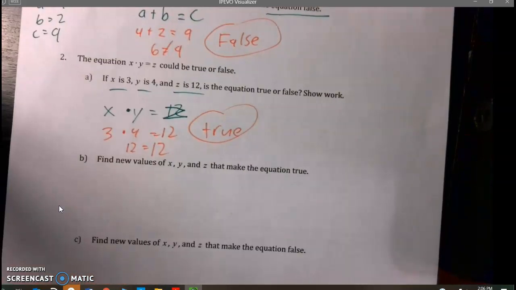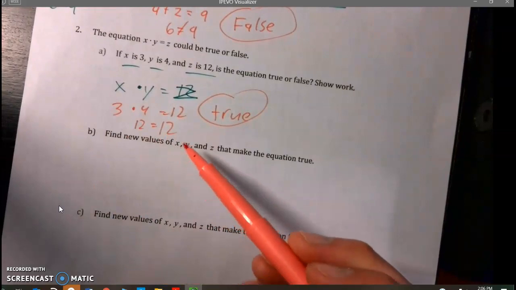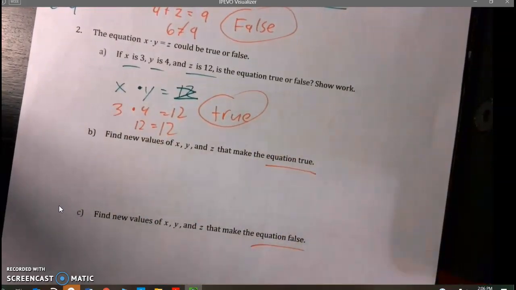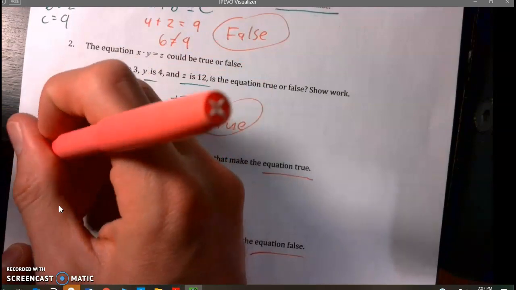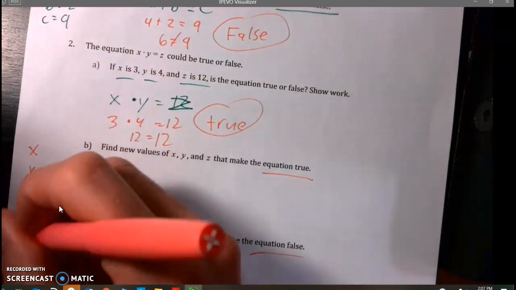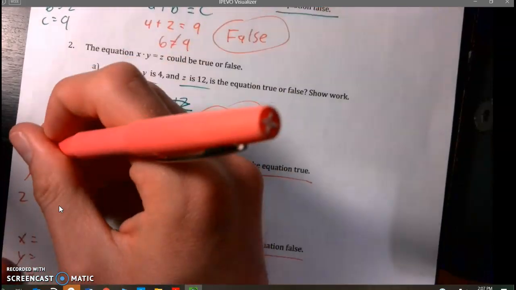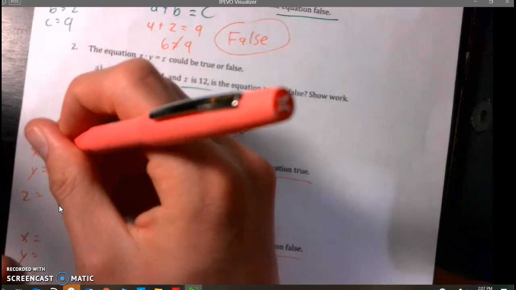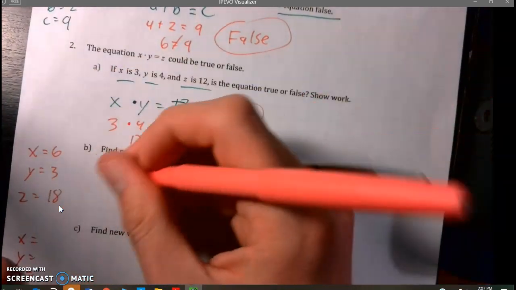And now, just like the last problem, pause the video, find values for x, y, and z that will make it true, and then do the same thing that will make it false. Alright. So another one that would make it true, I'm going to do 6 and 3 and 18.